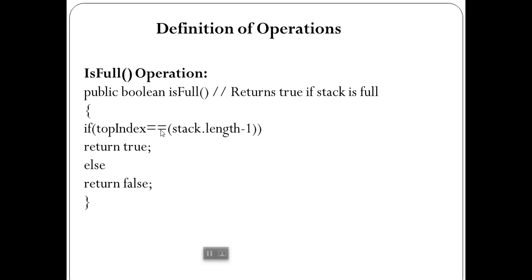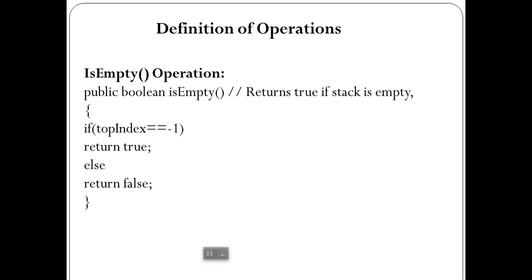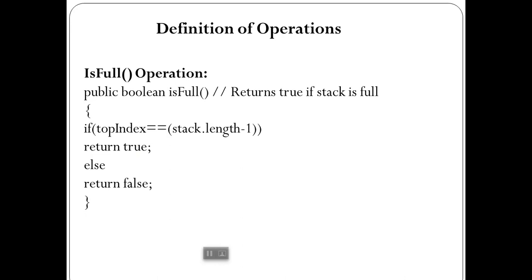If top index equals stack dot length -1, and why is it -1? Because index starts from 0 here. So the total length of the array -1. If top index equals the maximum size of the array, then the stack is full, and you have to return true. Very simple. If top index is -1, the stack is empty. If top index is the maximum size of the stack array, then it's full.